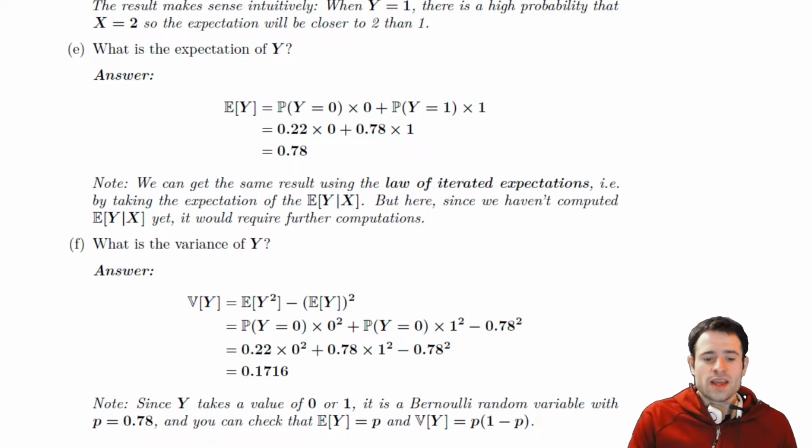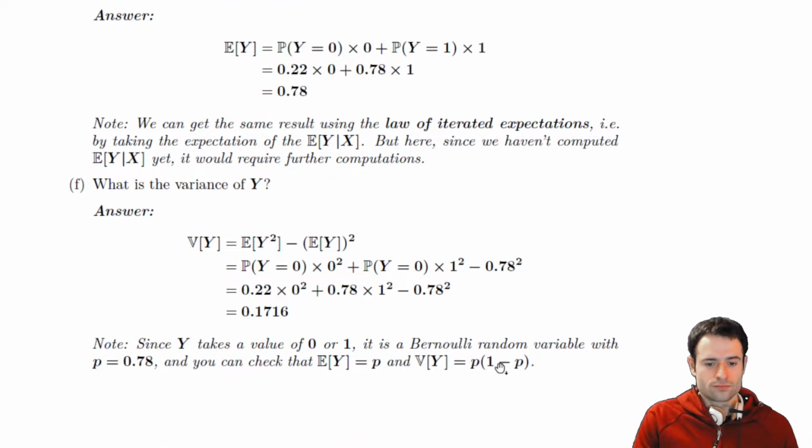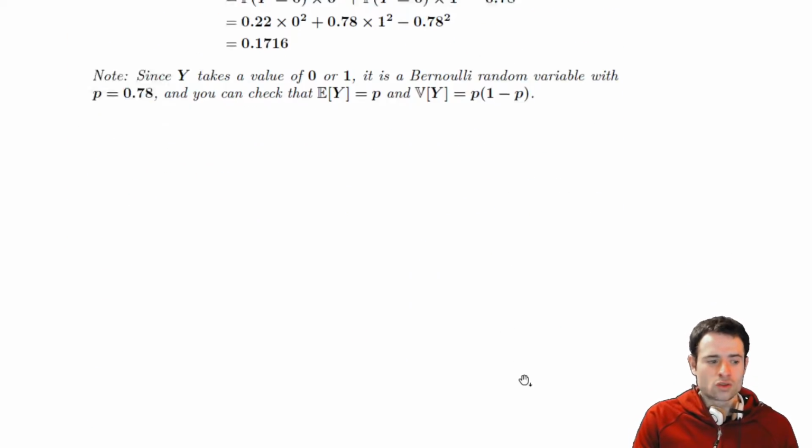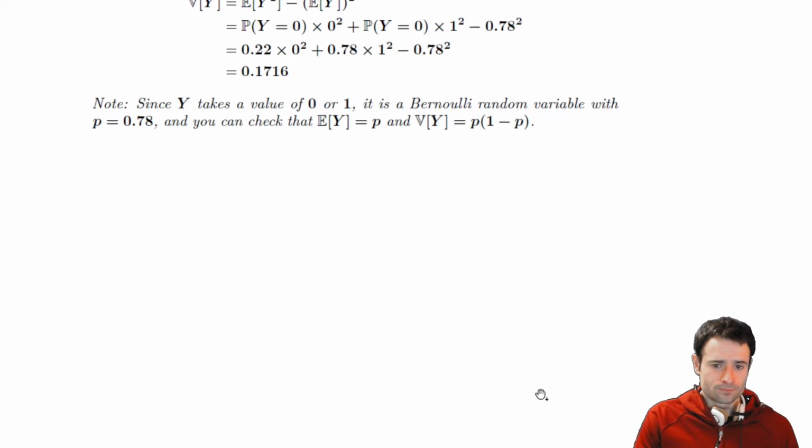So, since it takes a value of 0 or 1, the variance will be equal to p times 1 minus p. That's the computation we found in exercise 3. And if you do 0.78 times 1 minus 0.78, that will give you this result. Another way to double check your results.